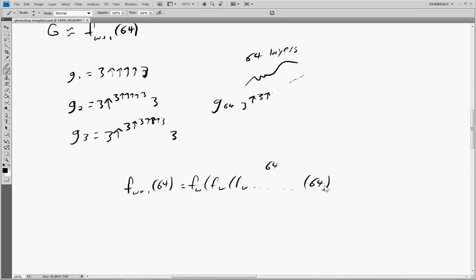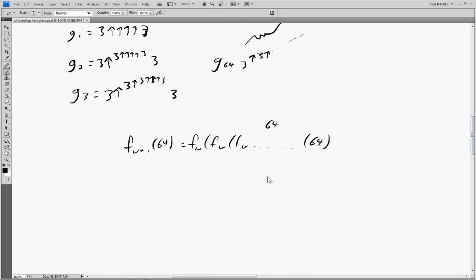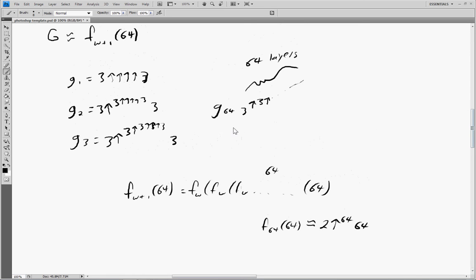So our first term in this is going to be f64 of 64, which we can roughly put as 2 with 64 up arrows, 64. And then we're going to put this into the subscript of each one all along the line. So we're going to end up with the same kind of thing. We're going to end up with 64 layers of this nested up arrow type of thing.